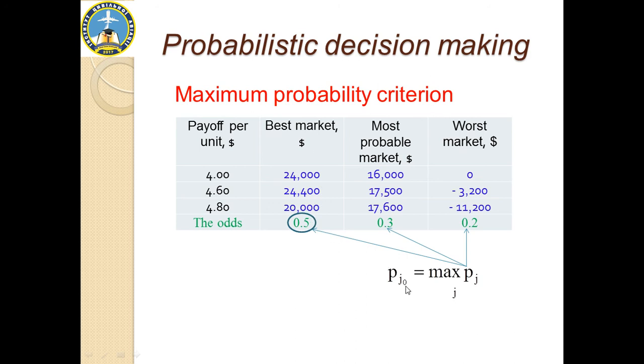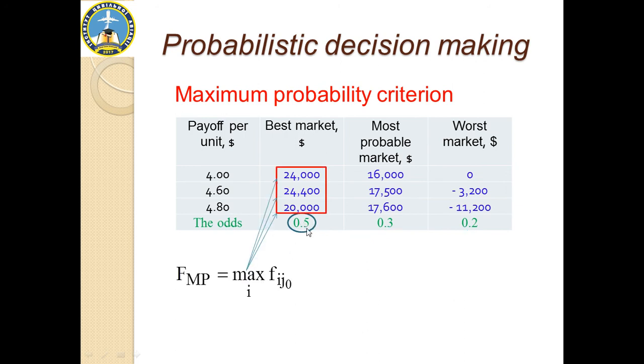Now we maximize the payoff, given that particular state of nature, which is the best market condition here. So we analyze different payoffs and find the maximum given this particular state of nature.